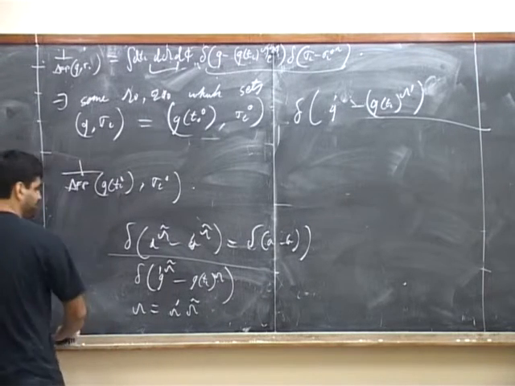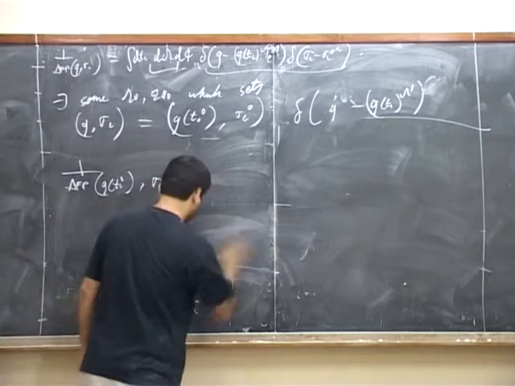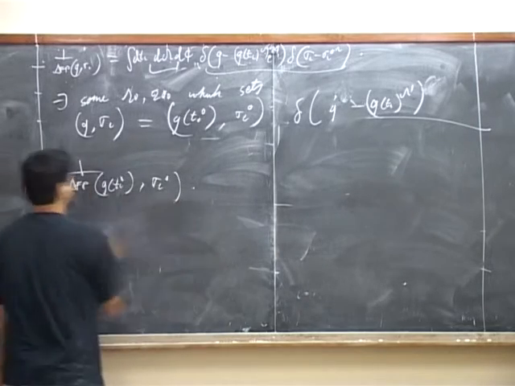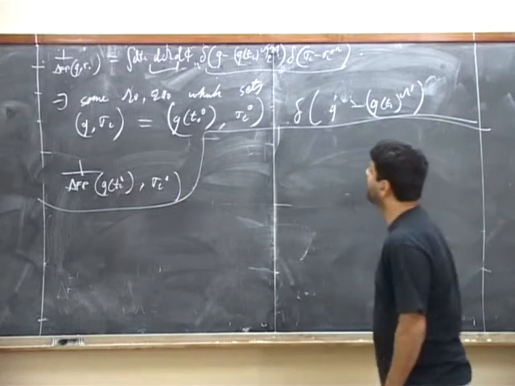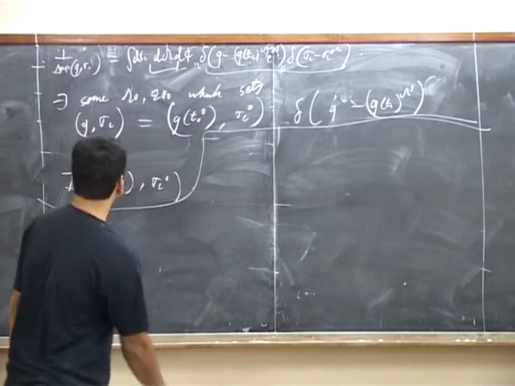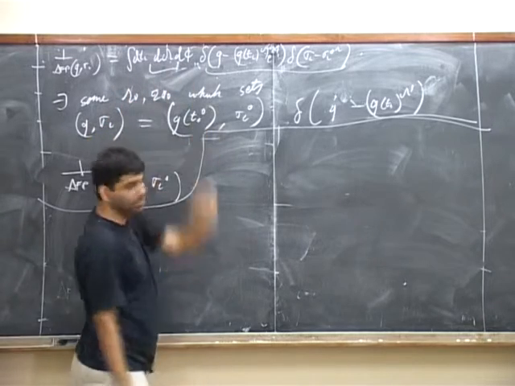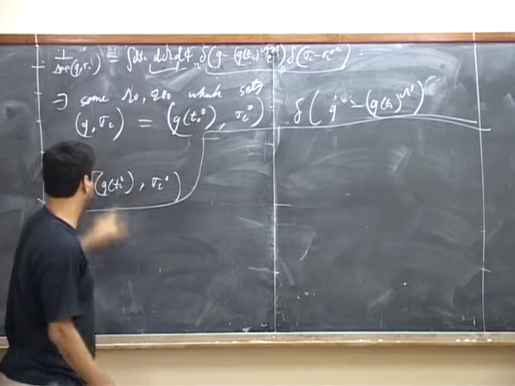Now, let's do the calculation. Okay. So, you see, what we want to do is to do this integral to find 1 over delta.